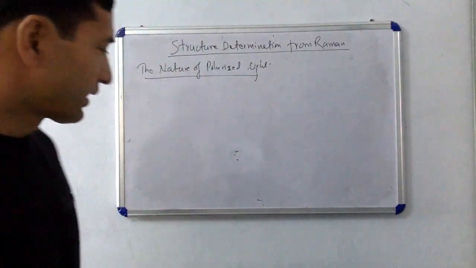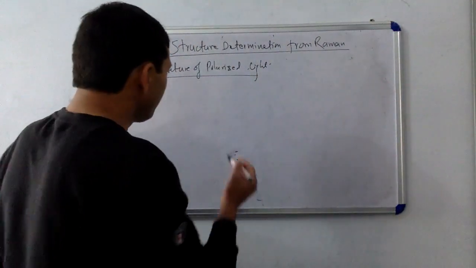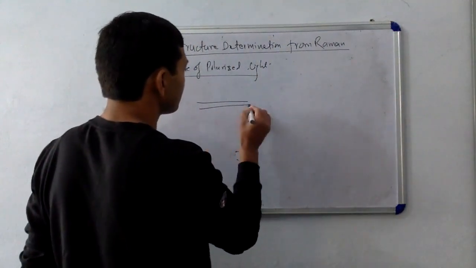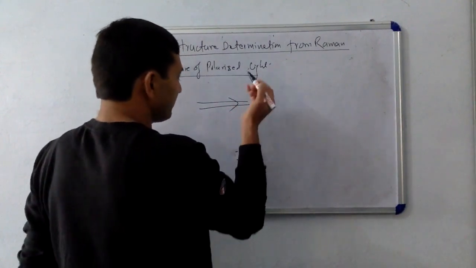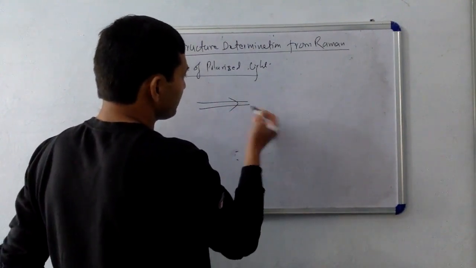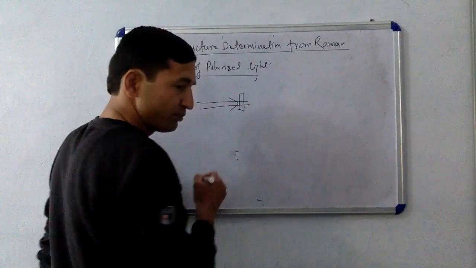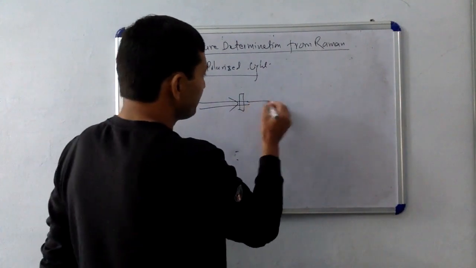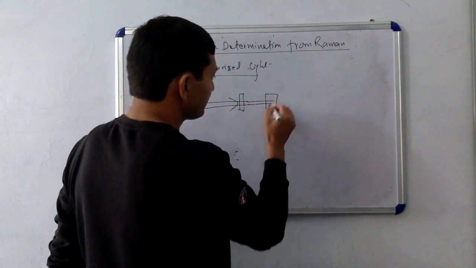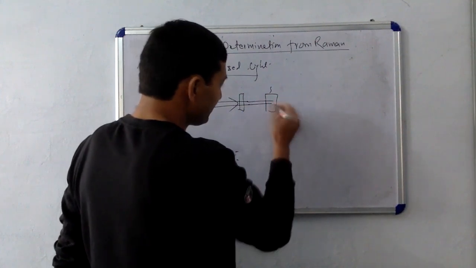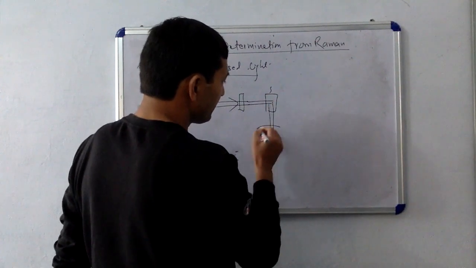So we know that if I have any light, of any orientation, or a linear polarizer, suppose I am putting a polarizer over here, then I am taking a certain sample over here, this is my sample, then I measure the scattered light with an analyzer.